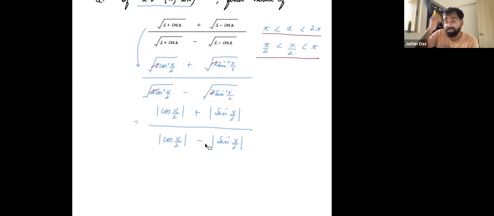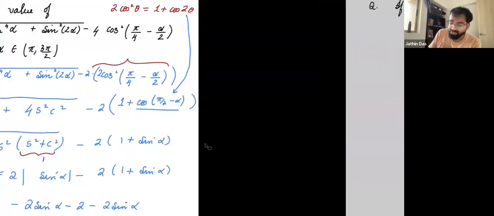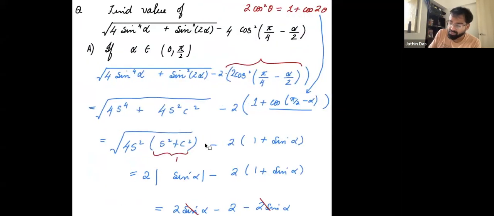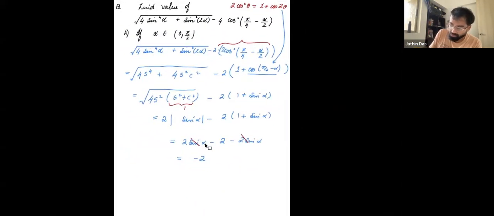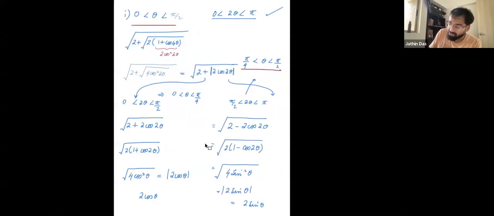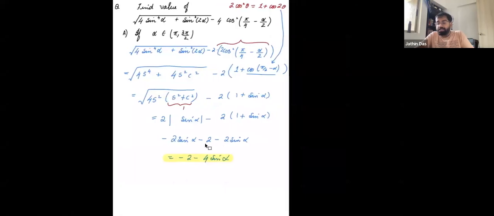X by 2 is varying only in a single quadrant. So no cases. Here, why was there a case? Because your 2 theta was varying over 2 quadrants, and the sign in the 2 quadrants was different. Obviously, with 2 quadrants there is a possibility that the sign becomes different. But here we are dealing with a single quadrant.